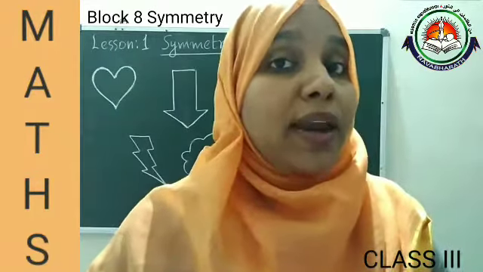And we can observe a lot of symmetrical shapes around us. Are all the shapes symmetrical, children? No. Some shapes are symmetrical, some shapes are not symmetrical. The shapes which are not symmetrical are called asymmetric. Opposite of symmetric is asymmetric.